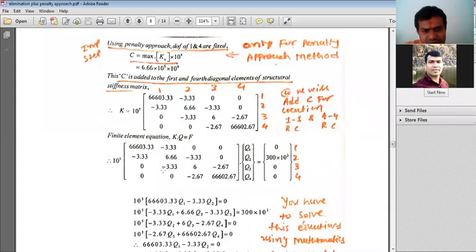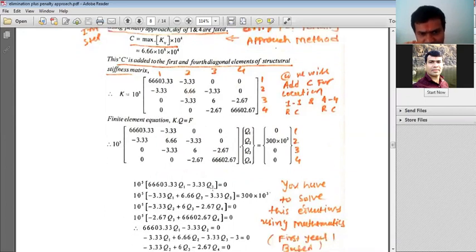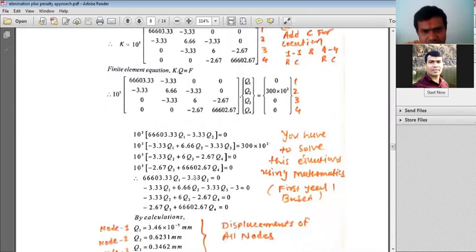KQ is equal to F. Some changes are at first row, first column, 1,1, and fourth row, fourth column: first node condition and fourth node condition. Now you have to solve this equation using mathematics. Right?